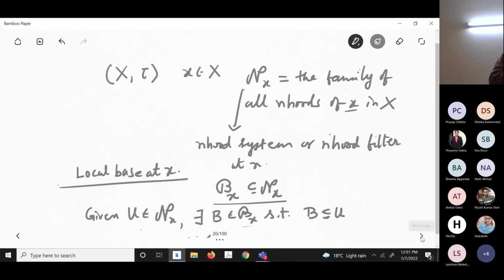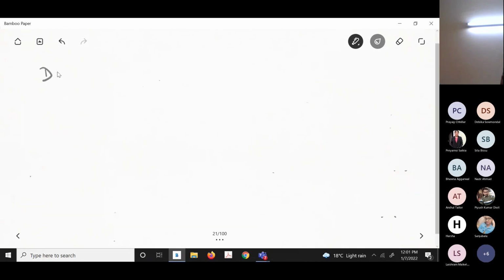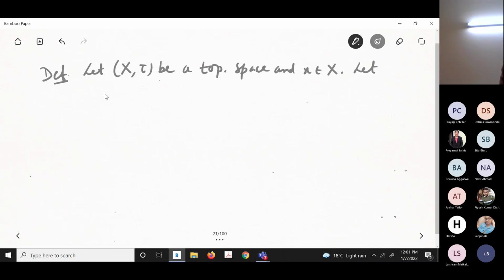So let me write this definition again. Let (X, tau) be a topological space and x belongs to X. Let B_x be a non-empty family of neighborhoods, a subfamily of the neighborhood system at x.